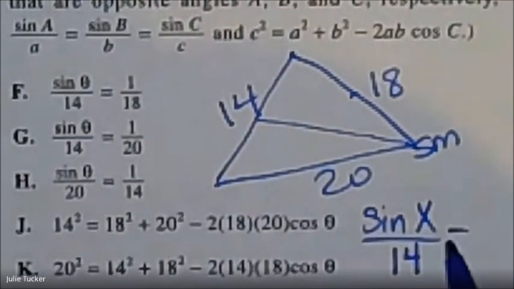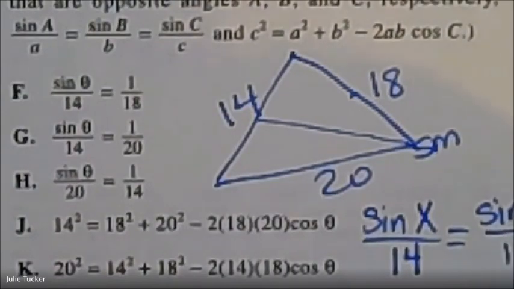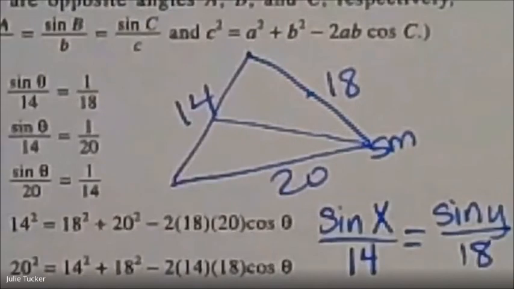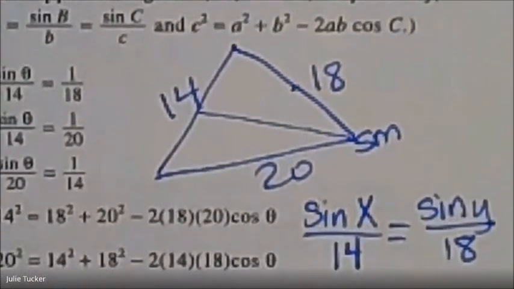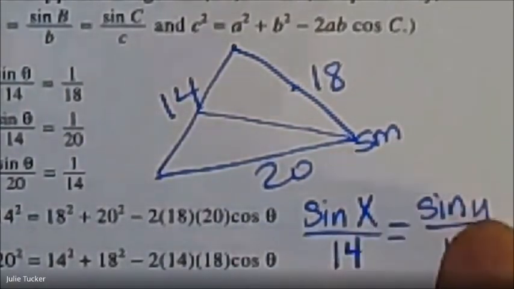And then you say that it equals the sine of some other angle over the side across from it. The reason we won't be able to use it is because they didn't give us any of the angles. You can't do your cross products and solve it unless you have only one thing you don't know, but we have two things we don't know. So that means that all of these are wrong.